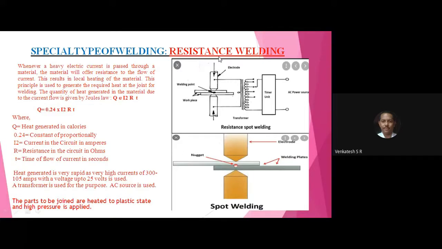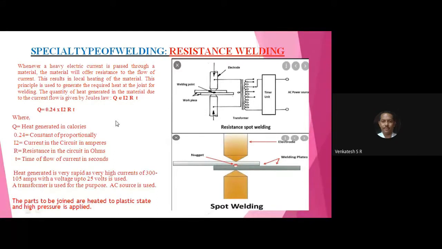First, all of you write down resistance welding. Below that, write down: resistance welding works on the principle of Joule's law.